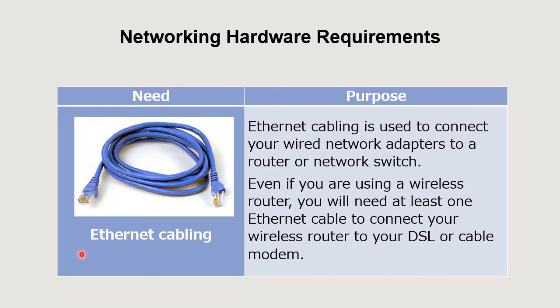And of course, the Ethernet cables. Ethernet cabling is used to connect your wired network adapters to a router or network switch. Even if you are using a wireless router, you will need at least one Ethernet cable to connect your wireless router to your DSL or cable modem.